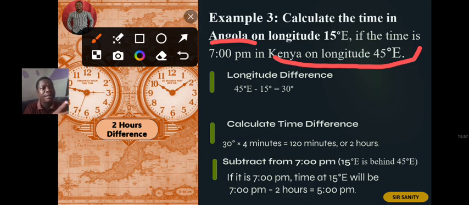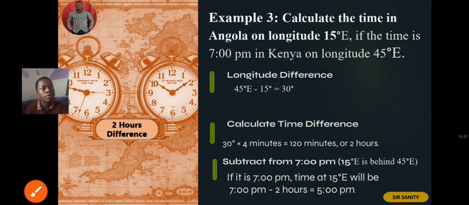Now we calculate the time difference. 30 divided by 15 will give us 2, or 30 degrees times 4 minutes will give you 120 minutes, divided by 60, giving you 2 hours. Subtract from 7 p.m., which will give you 5 o'clock p.m., because that place is behind. So you subtract from the time given to us.